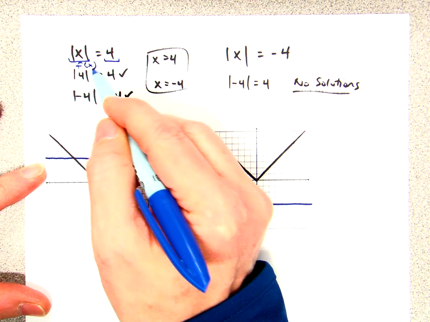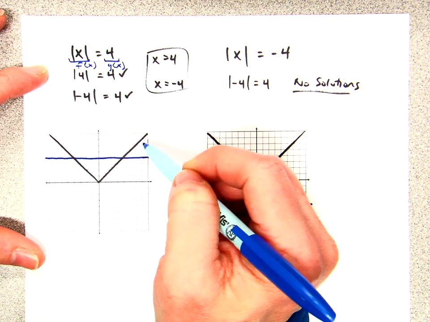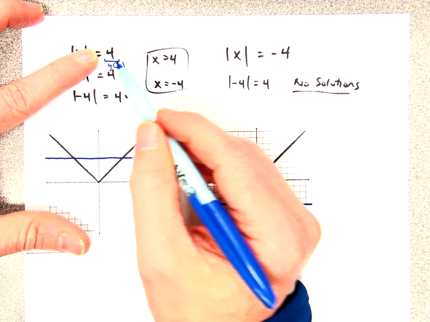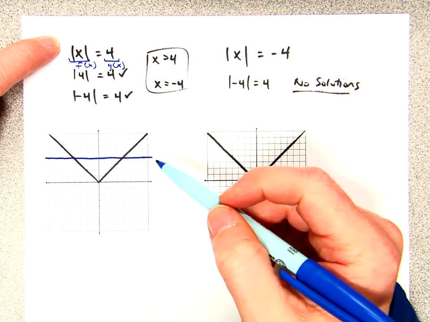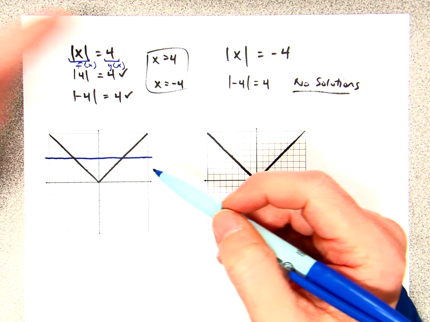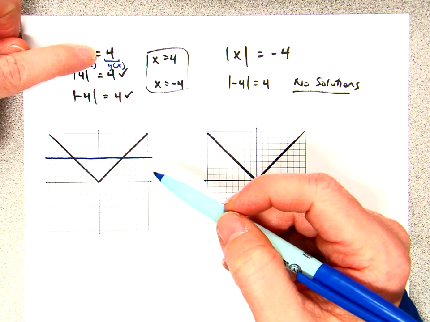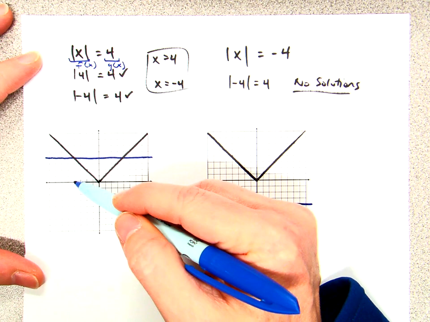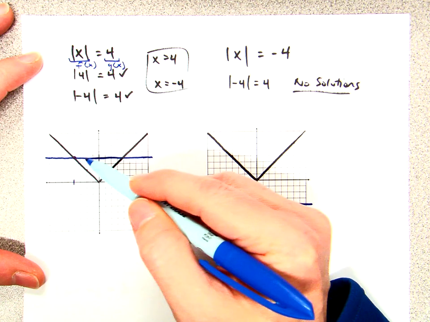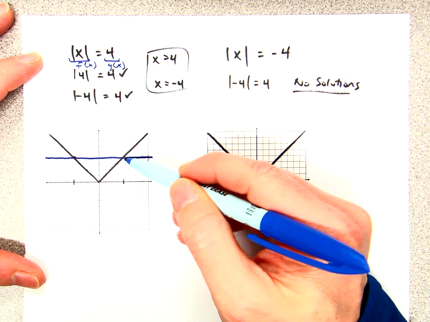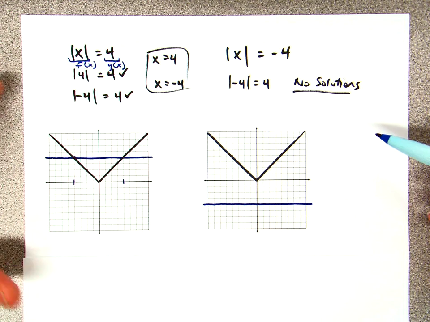So if this is f of x and this is g of x, f of x is the V, and g of x, y equals 4, is just a horizontal line at 4. I'm finding the x that satisfies both of these sides simultaneously. I want the x that makes this a true statement. You can see that x equals negative 4 works for both of them, and x equals positive 4 works for both of them. So positive 4 and negative 4 were both solutions.